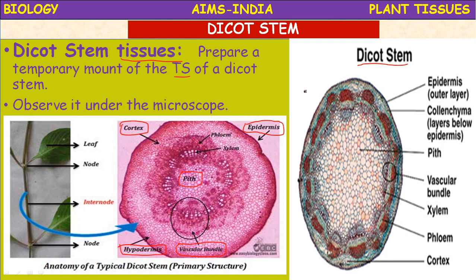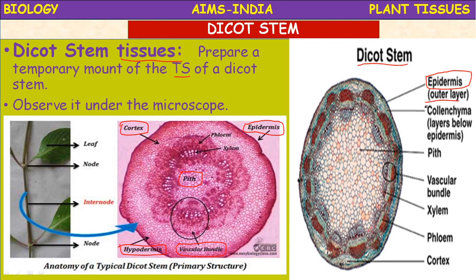Anatomy means the study of internal structure: if it is plants, plant anatomy; if it is animals, animal anatomy. Okay, this is the plant anatomy, dicot stem, transverse section, and when you observe under the microscope, this is the epidermal tissue, the outer protective layer, epidermal tissue.